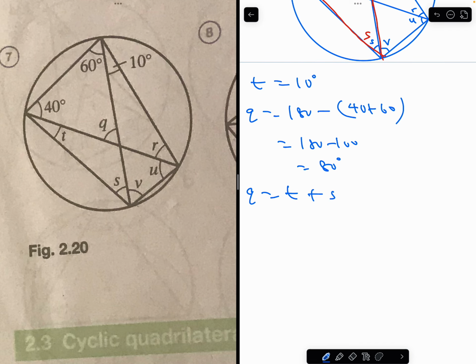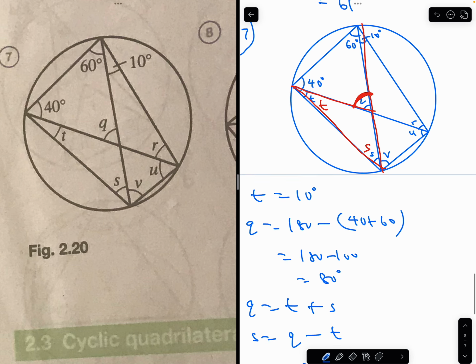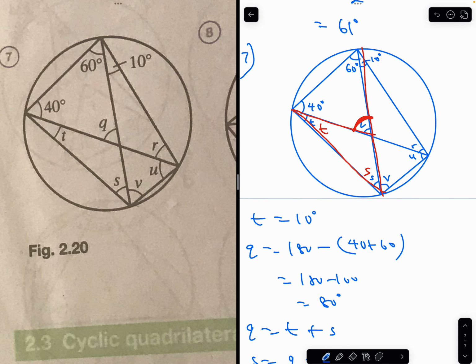And that means S will be equal to Q minus T. Q is 80. T is 10. That's 80 minus 10, which is equal to 70 degrees. That means S is equal to 70 degrees.